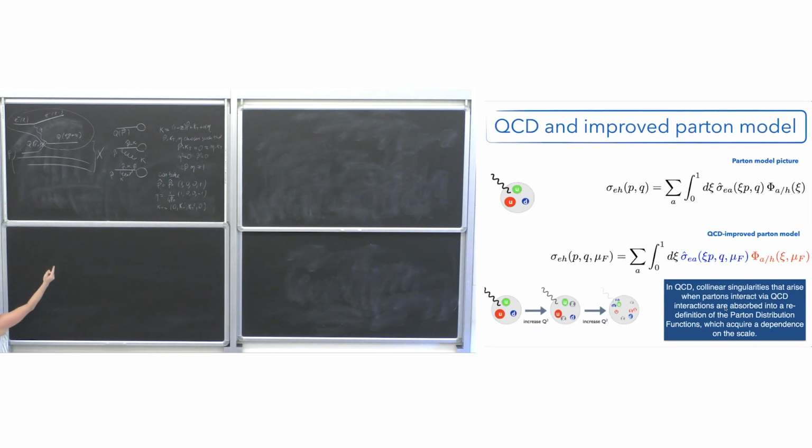So you can prove, it's in the notes, that imposing the condition up there, you know that z has to be smaller than 1, and also kt is smaller than kt max, which is a function of the energy of the incoming parton. And the other thing is that the alpha that you have in that parameterization is something of order modulus of kt square over 1 minus z, okay?